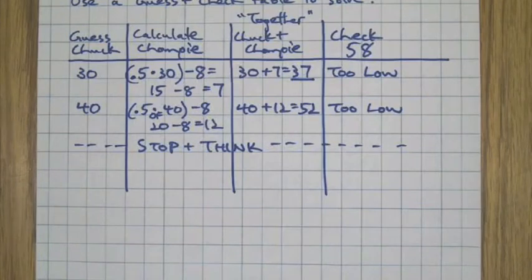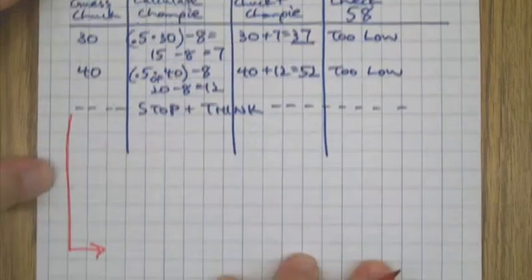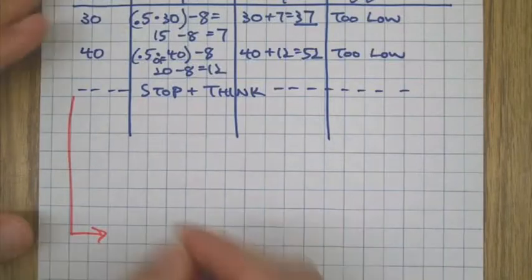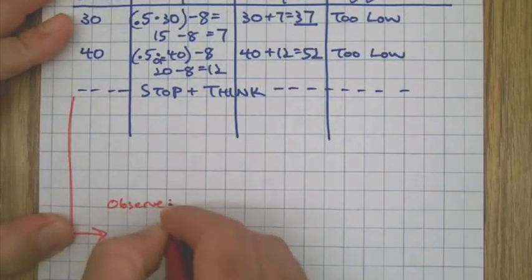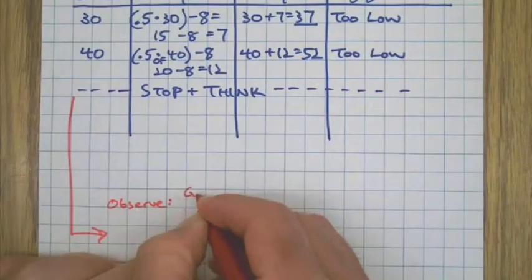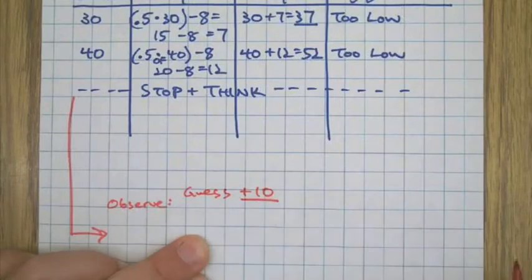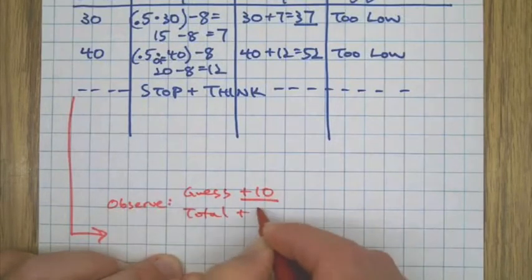So I'm going to take it down to the bottom of the page here so I can show my thinking. Okay, first of all, I observed that my guess went up by 10 and my total went up by 15.